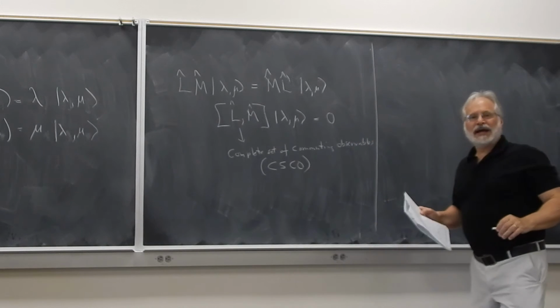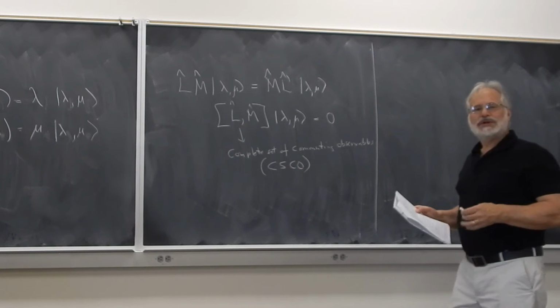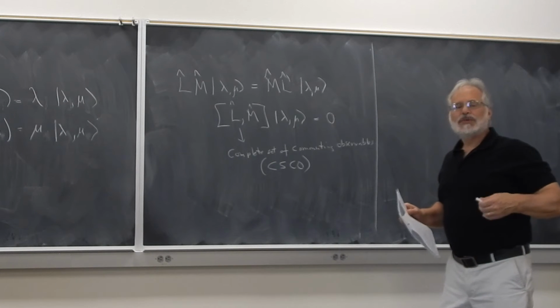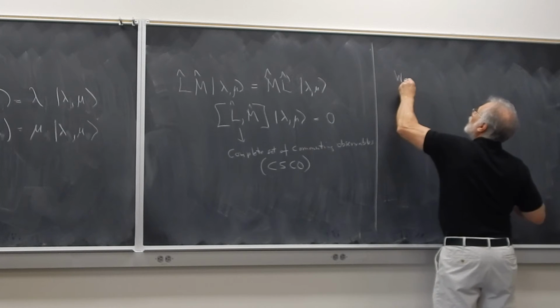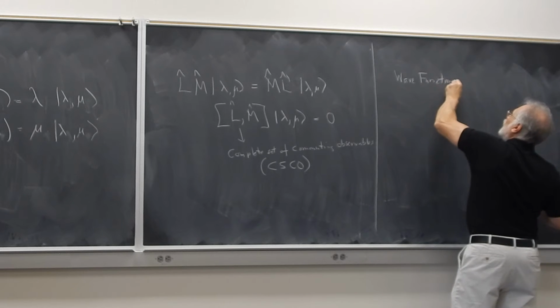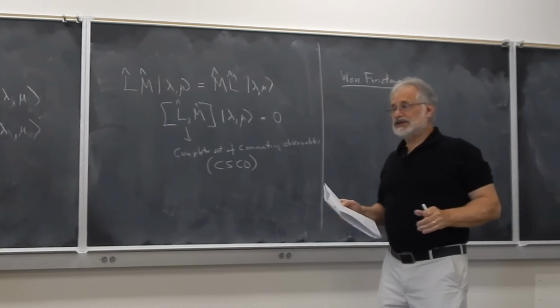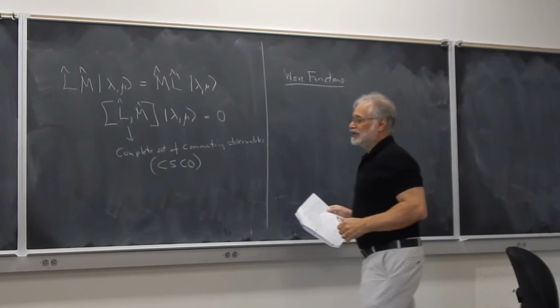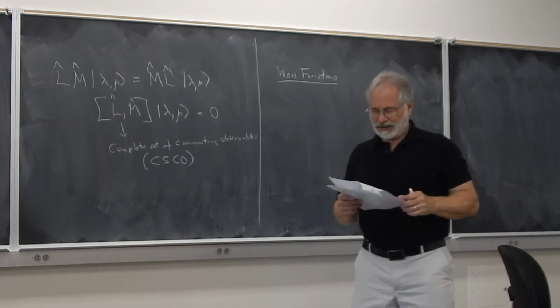I want to bring in another concept from quantum mechanics at this point, and we'll touch on it a little bit here, then go deeper into it in the next section. And that is the notion of wave functions. Probably from your modern physics class, you were exposed to wave functions. In fact, you probably heard the term wave function long before you heard the term ket in your life.